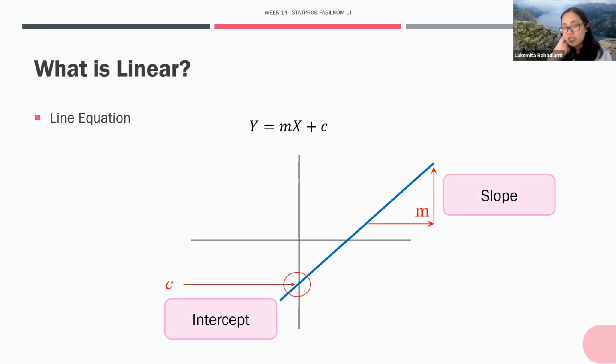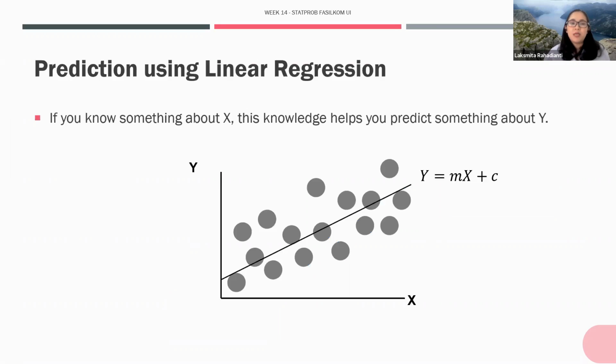I want to model this line, this so-called linearity, using statistical terms. So if you recall all of our material from the beginning, when I put it into the context of linear regression, I know something about X, and this helps me infer something about the variable Y. The line is what we are going to use to predict that value of Y. So given X, I can predict Y. Sound familiar?